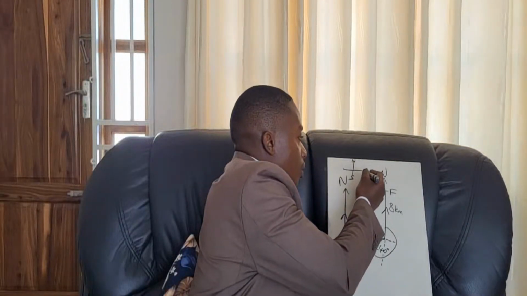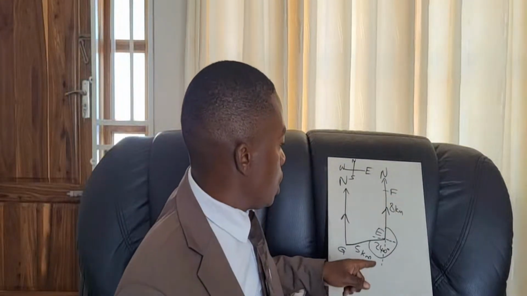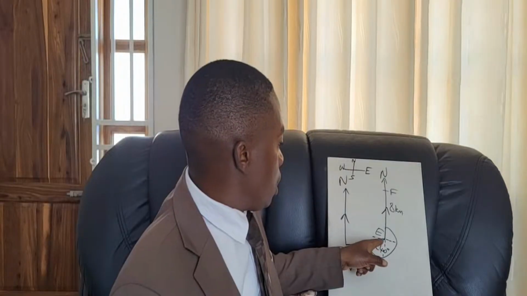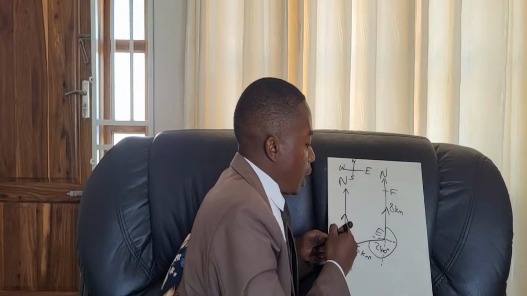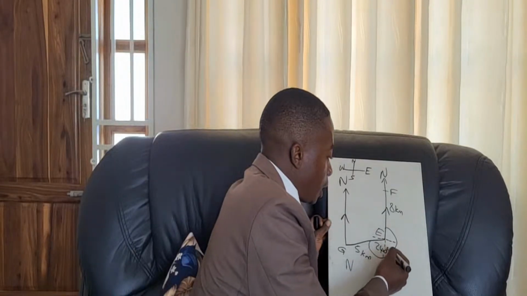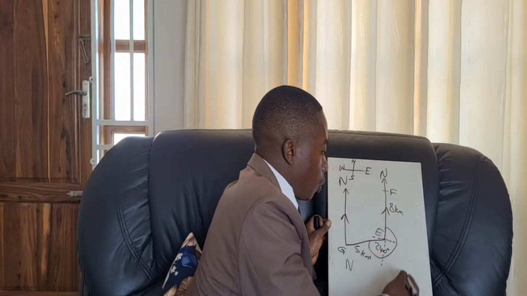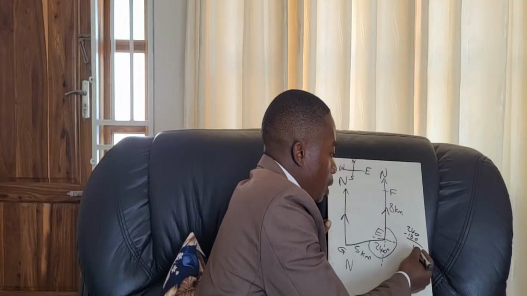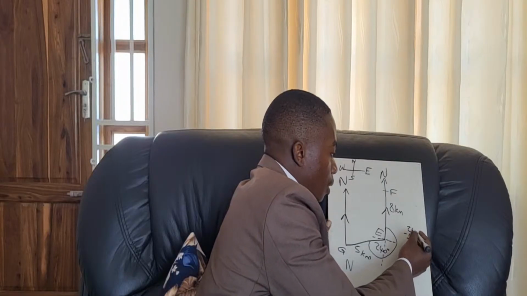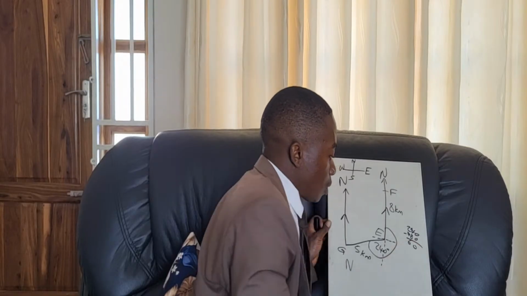Then this side is west. Fine. So since this is 240, if we remove 180, 240 minus 180 is 60, right?